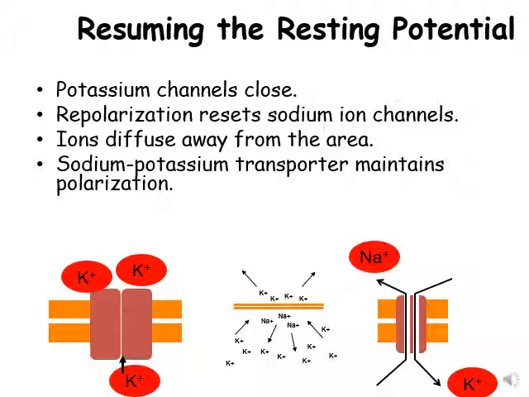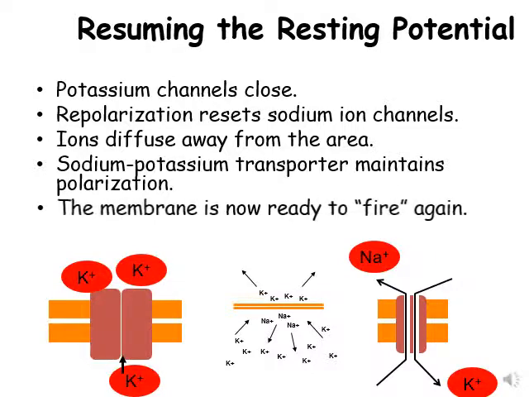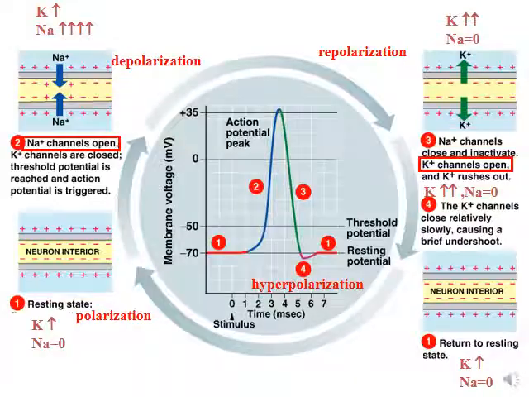These notes you don't have to study, just for general information. Okay? So the sodium-potassium transporters maintain polarization, and the membrane is now ready to fire again and to start again an action potential.